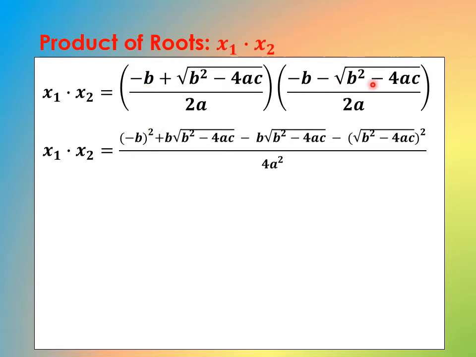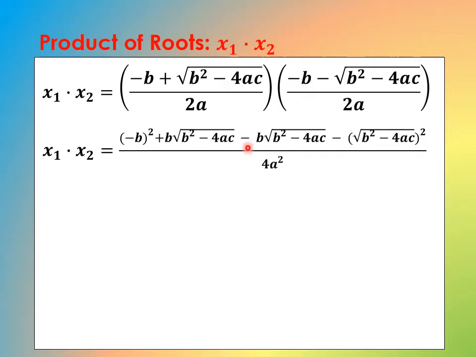Negative b times negative square root of b squared minus 4ac, that is equal to plus b square root of b squared minus 4ac. Bakit naging plus dito? Kasi, negative times negative, that is equal to positive. Okay? Next, inner terms. Square root of b squared minus 4ac times negative b.